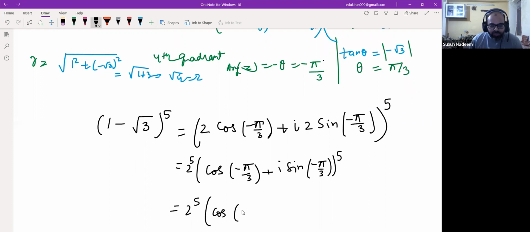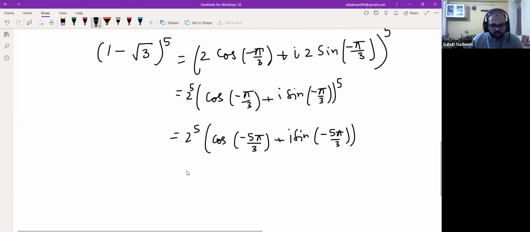So cos minus 5 pi by 3 plus i sine minus 5 pi by 3. So this value will come out to be 2 to the power 5, cos minus 5 pi by 3, that is cos of 300 degree.